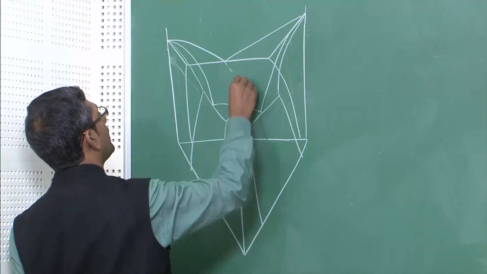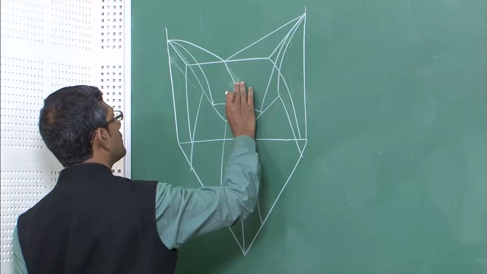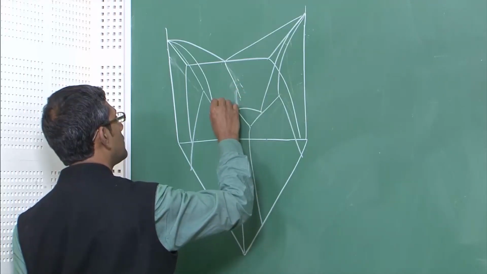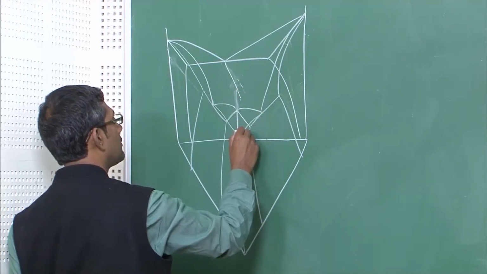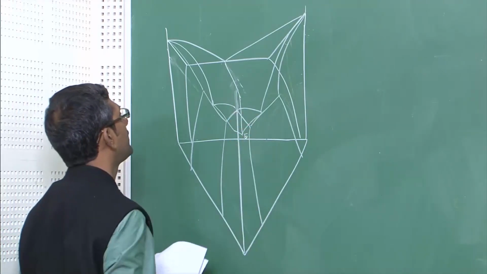So, now I can join these 3 points. This is my ternary eutectic.